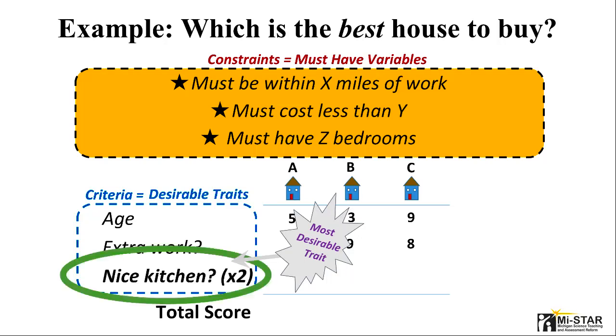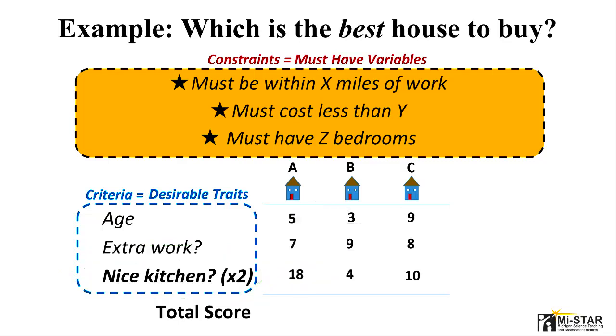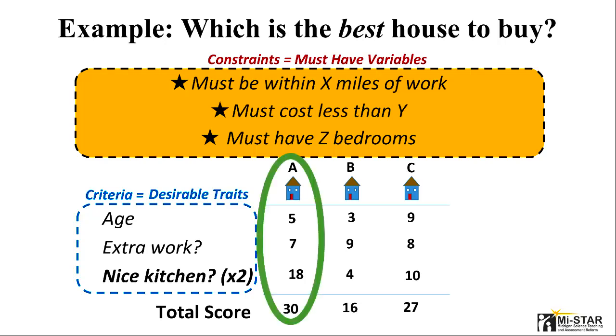We can assign a weight to this particular criteria and update the rating value and the total scores. Now, when we add up the scores, house A is the best option. So, in this way, the decision matrix allows us to evaluate our own thought process and demonstrate how we have come to a certain decision.